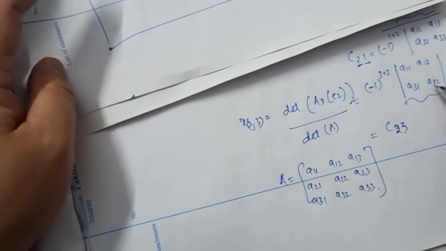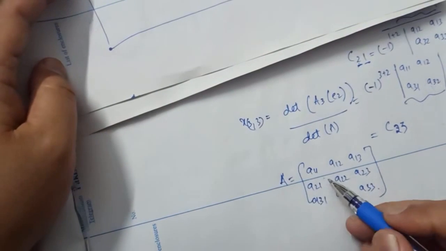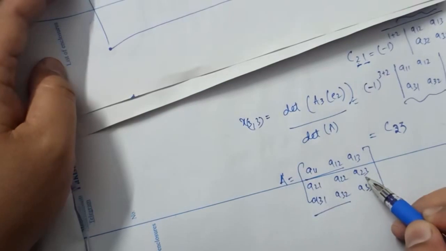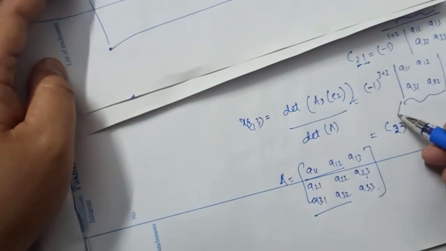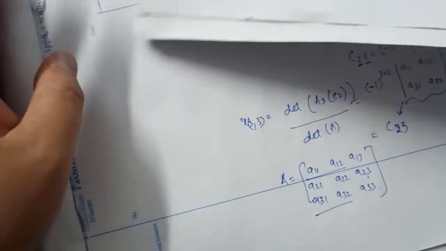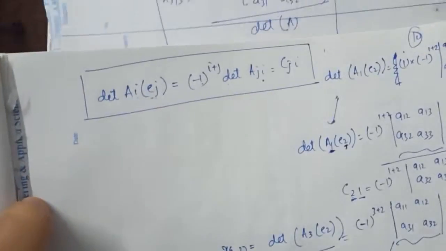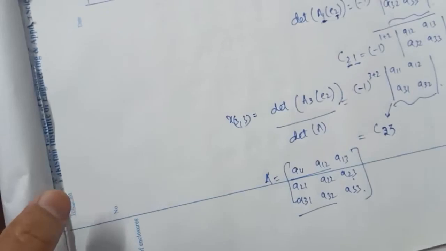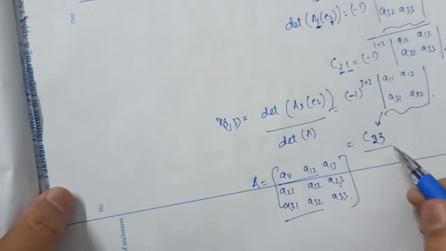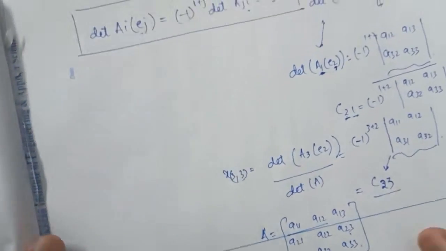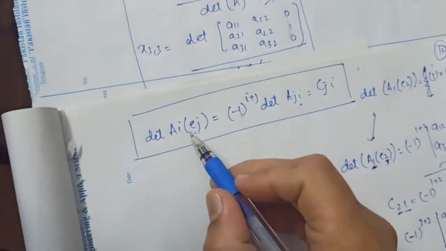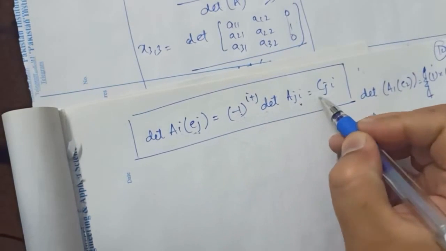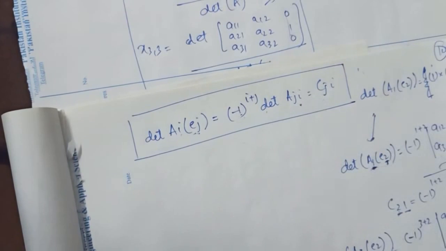Now this cofactor expansion actually comes from 2 3, which is C23. So it is kind of the opposite of the conventional cofactor expansion that you see from here, C23. Okay, so from here, the determinant of A_ij is equal to (-1)^(i+j) times the determinant of A_ji and C_ji.